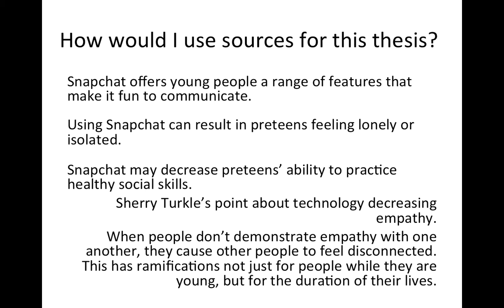I need to tell my readers who she is, what her credentials are, and give readers just a very brief idea of what she talks about in her paper. And she does talk about phones and communication. And then I'd put the quote or the paraphrase, and then I need to follow up in my paragraph.